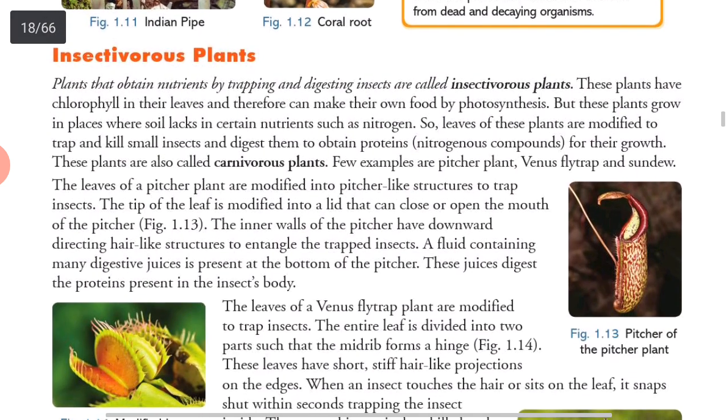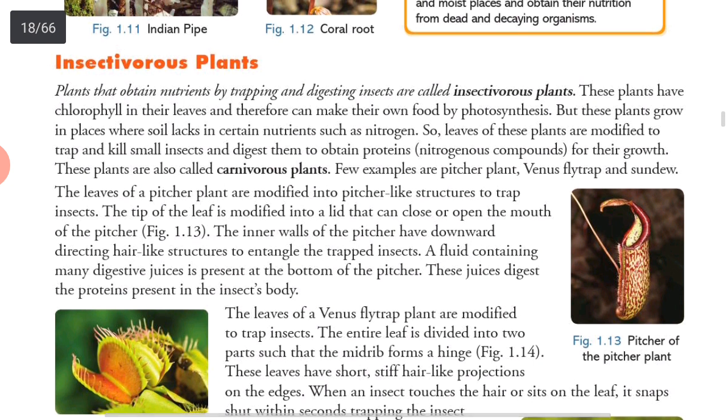Let's move further. Next is insectivorous plants. They trap or capture insects for their food. Plants that obtain nutrients by trapping and digesting insects are called insectivorous plants.